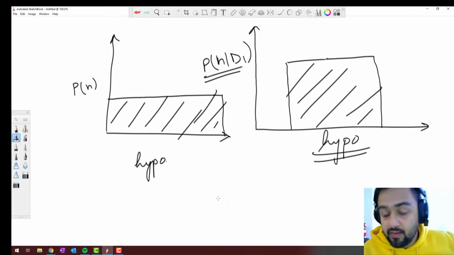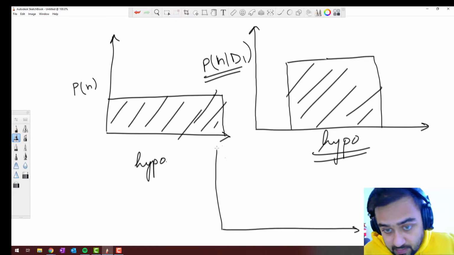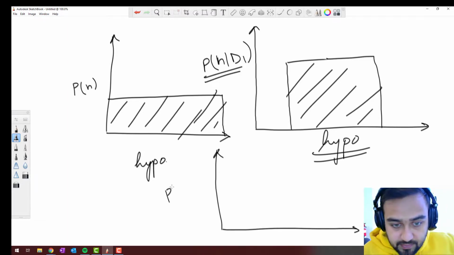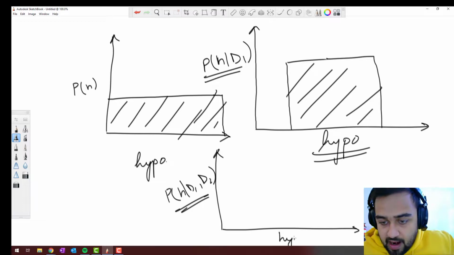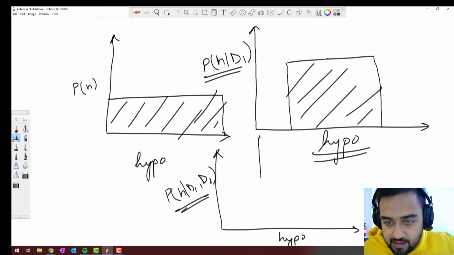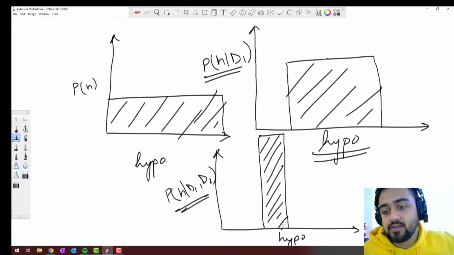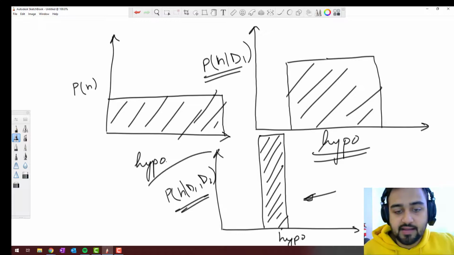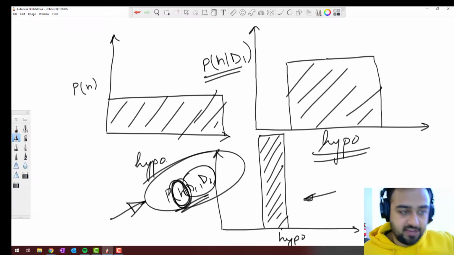Now, if we talk about two data points, our hypothesis space becomes even smaller. So this gives us better results and will be more accurate. If we have two data points D1 and D2, what is the probability of occurrence of H?